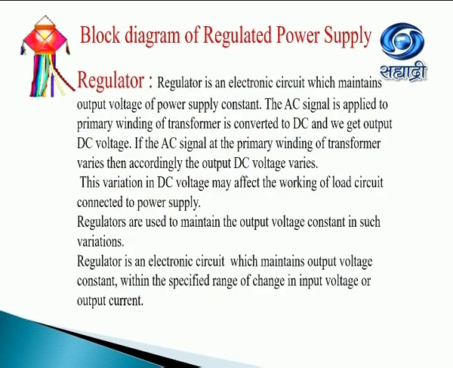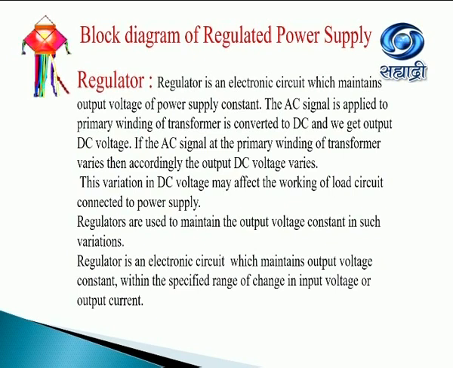Regulator. Regulator is an electronic circuit which maintains output voltage of power supply constant. The AC signal is applied to primary winding of transformer and is converted to DC, and we get output DC voltage. If the AC signal at the primary winding of transformer varies, then accordingly the output DC voltage varies.